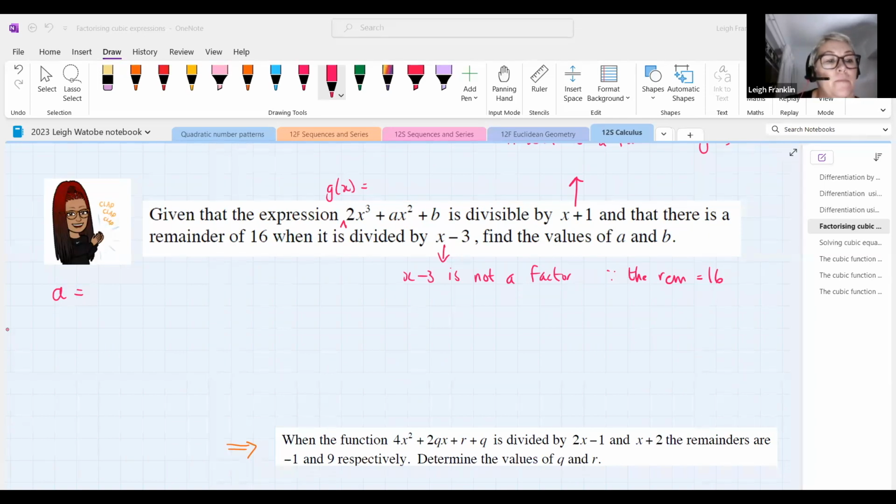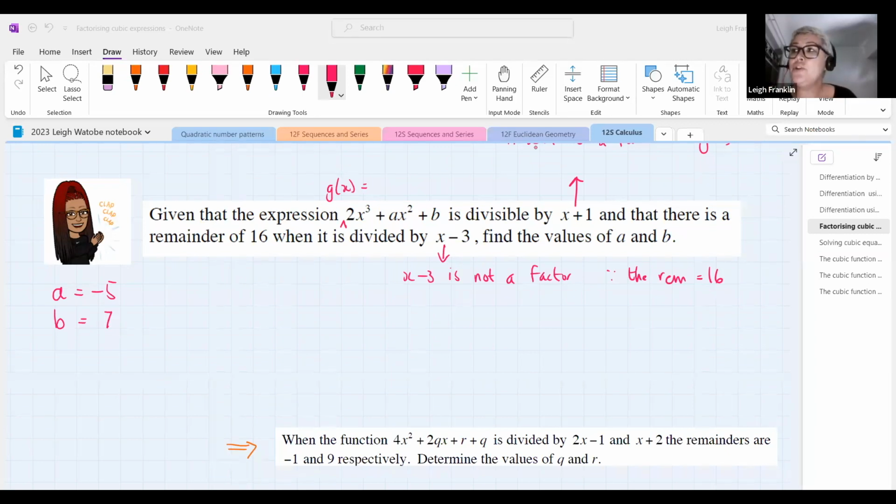Ma'am, first you're going to substitute, and then solve the problem, and then you're going to make maybe b the subject of both formulas, ma'am. Yes, absolutely. Nothing wrong with that at all. Well done. Nothing wrong with solving that way as well.